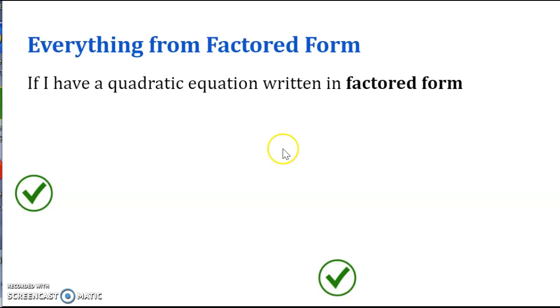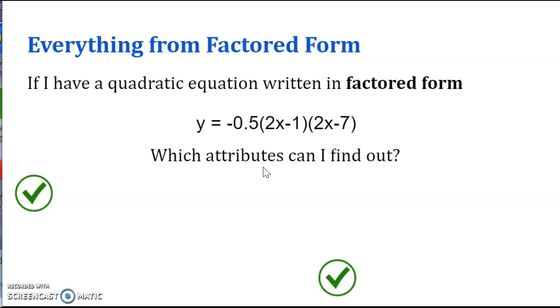So to do that, we are going to be looking at, if you have a quadratic equation written in factored form, like y is equal to negative 0.5 multiplied by 2x minus 1 times 2x minus 7, which attributes can I find out?